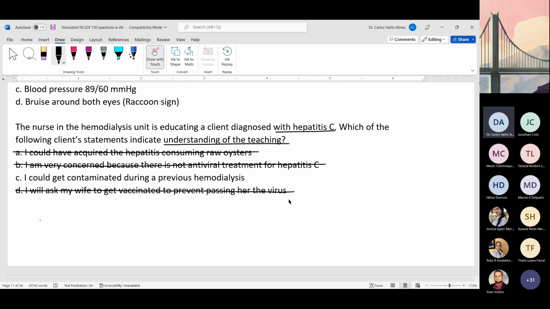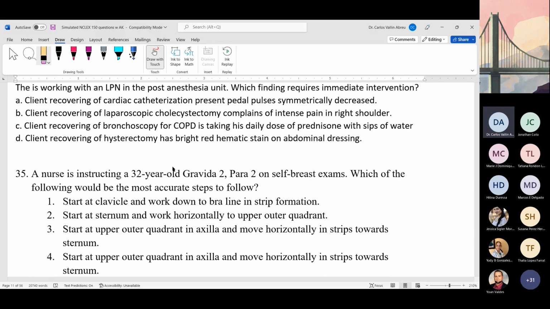This is not frequent, but it can happen. It's a possibility. In any dialysis there could be a break in the management, and in some way the virus of one patient can be passed to another patient. So it is true. And then you can also apply the strategy for ruling out.